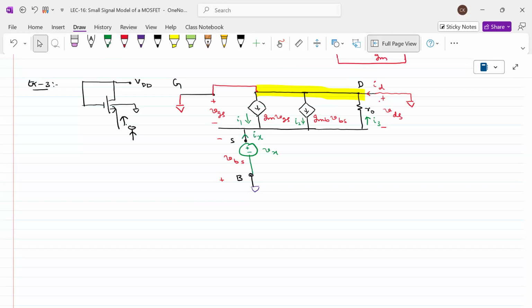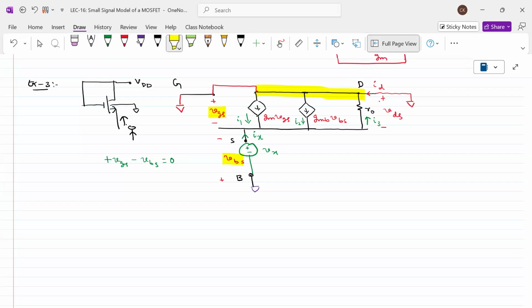Look at the input side here. This side you can see is VGS, then starting at negative, minus VBS is equal to 0, by the voltage law. Did you catch this point? This is VGS and VBS.